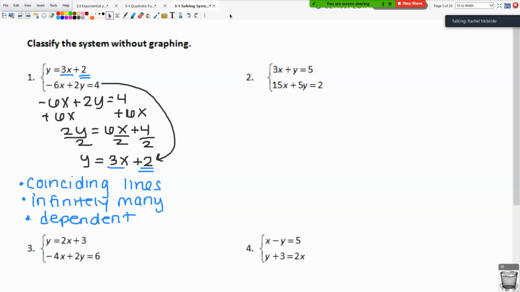Number 2, we're going to solve both of those for y. So I get y equals negative 3x plus 5. And then down below we subtract 15x from both sides. So you get 5y equals negative 15x plus 2. Divide both sides by 5.